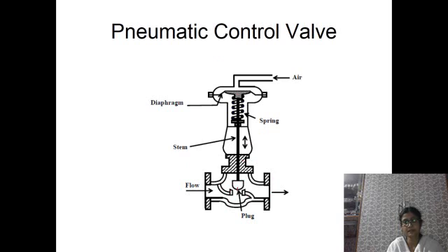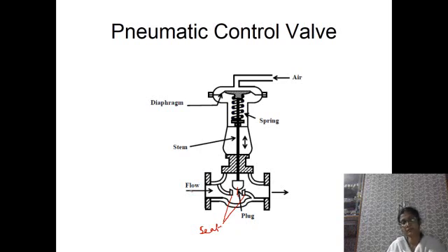See, this is the plug, and this is called the seat. This portion where the plug should be fitted is called seat. This is the seat area and this is plug.